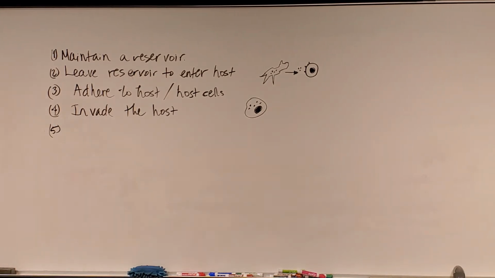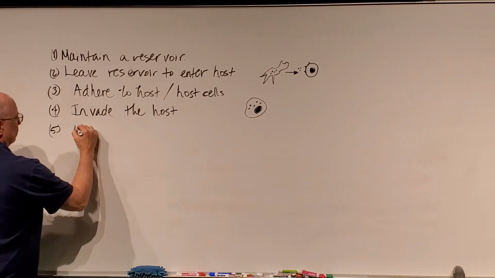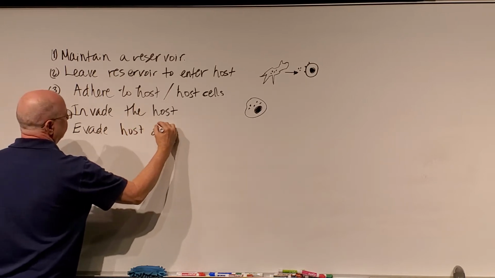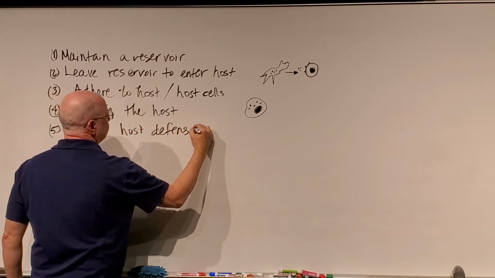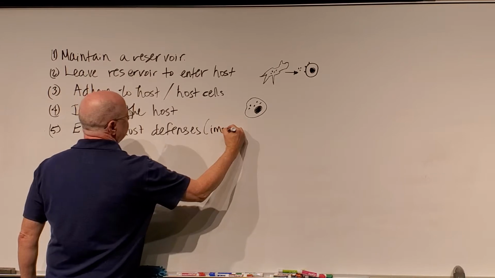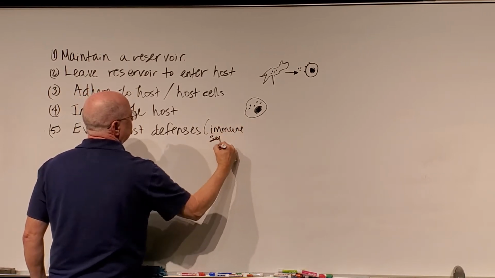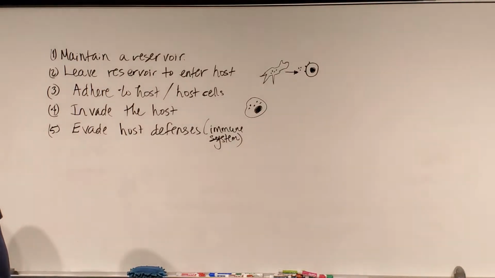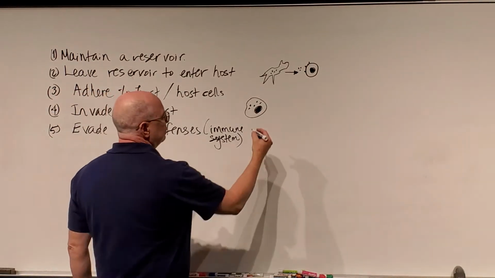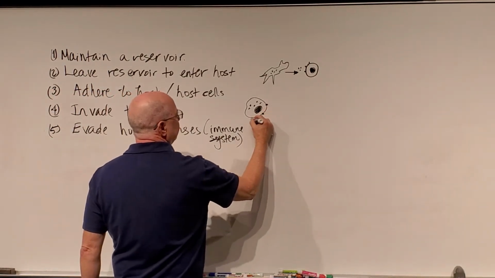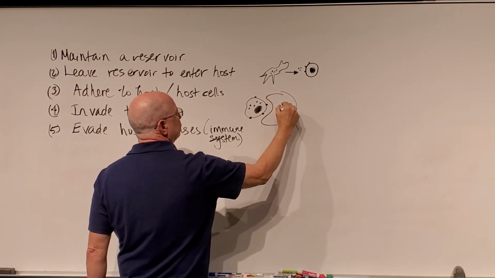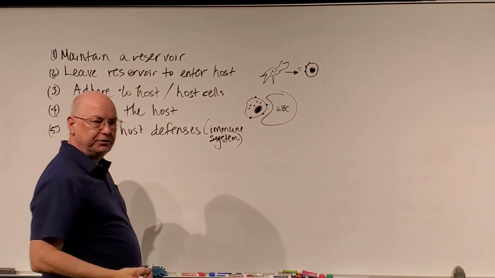Now, once it's invaded the host, it needs to have the ability to evade the host defenses. Our immune system, really. It has to find a way to get away from our white blood cells. So very often, some of our cells, once infected, can express proteins on their surface, and white blood cells can come gobble those cells up and kill them.